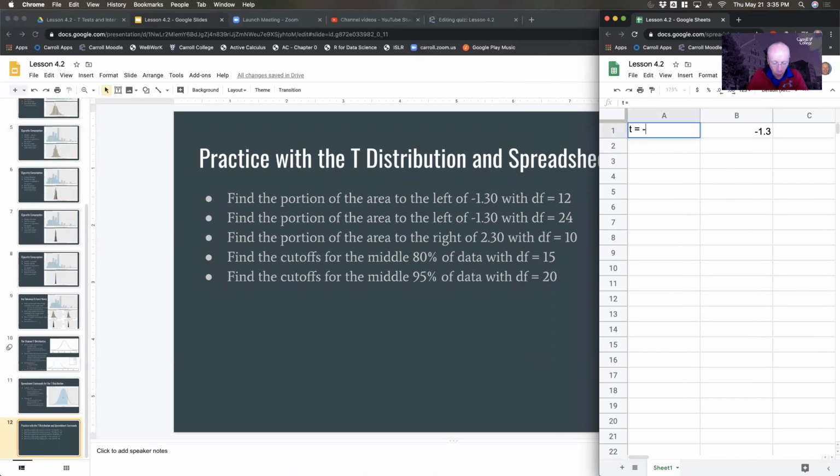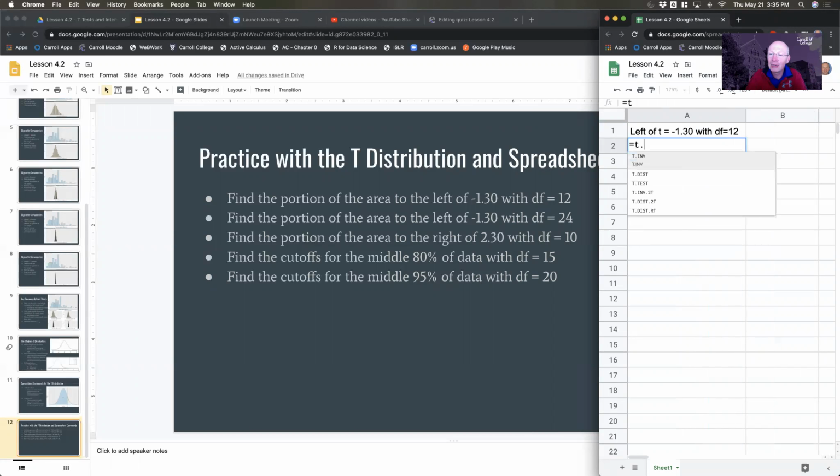If I go t equals negative 1.30, and I want to go left, okay, and my degrees of freedom is 12. Okay, now with the degrees of freedom of 12, I've got a fairly wide tail here on the t-distribution.